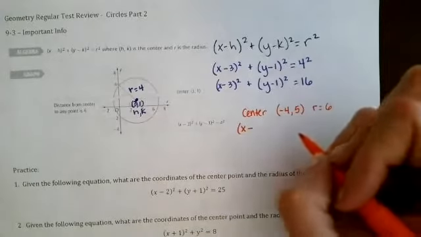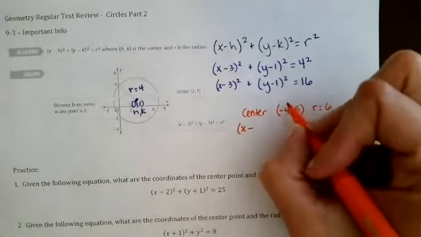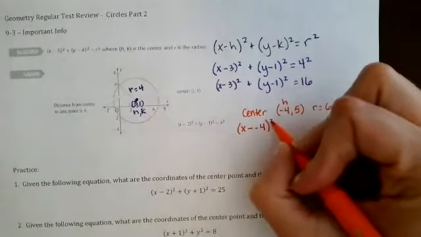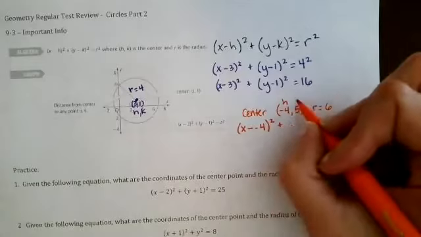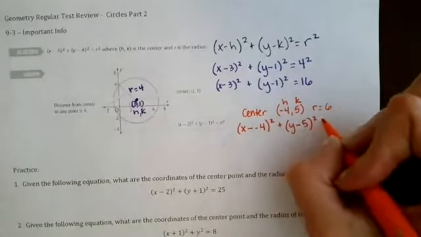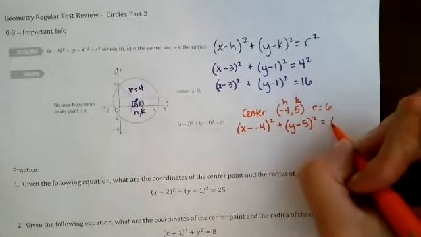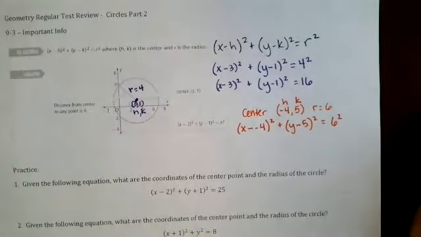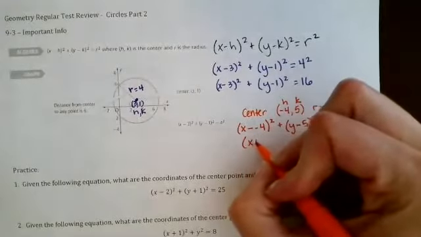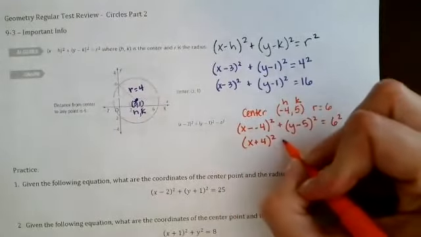So our equation says x minus h. This is our h value, so we would write (x - -4)² + (y - 5)² = 6². When you have minus a negative, that is the same as saying plus a positive, so that changes.